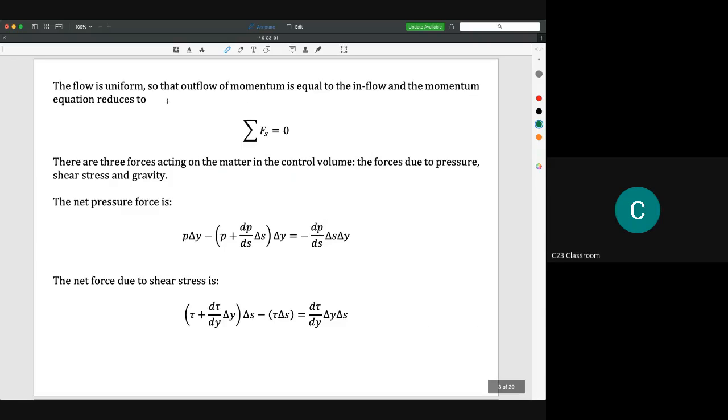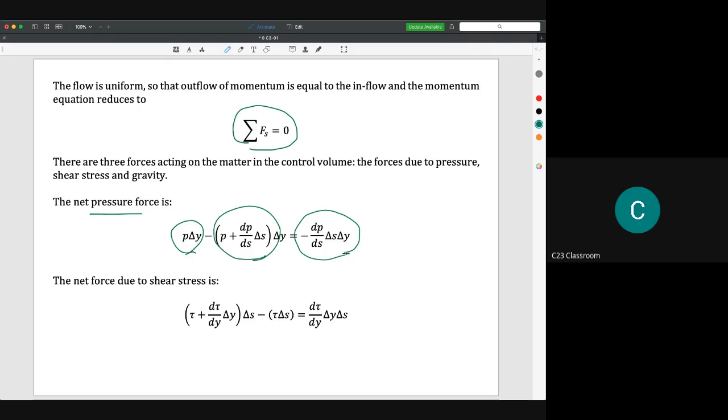The momentum should be in equilibrium. For our free body diagram, we assume that the total of forces is equal to 0. That means we start to net the forces. First, for our pressure, we have P delta Y minus P plus dP/ds delta S times delta Y, and we have this term.